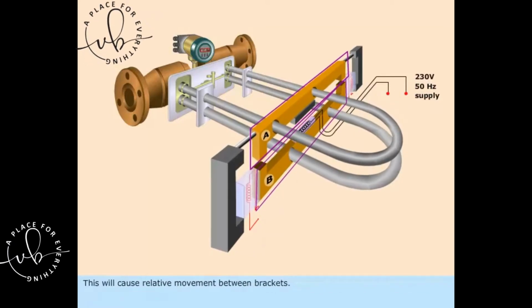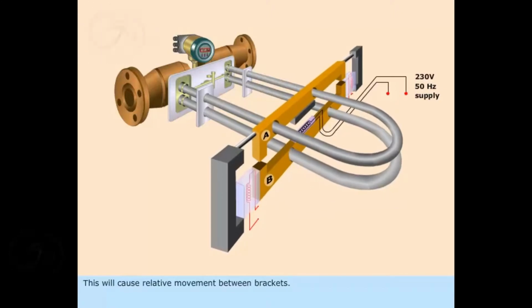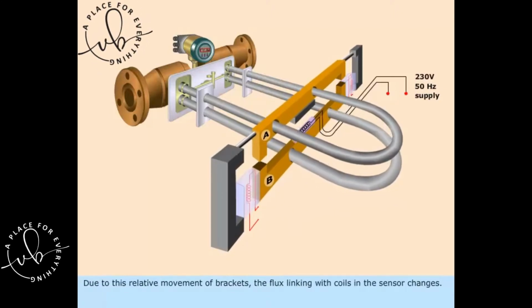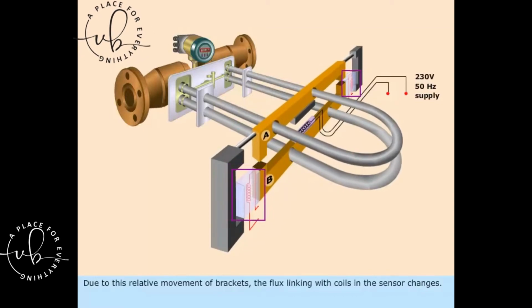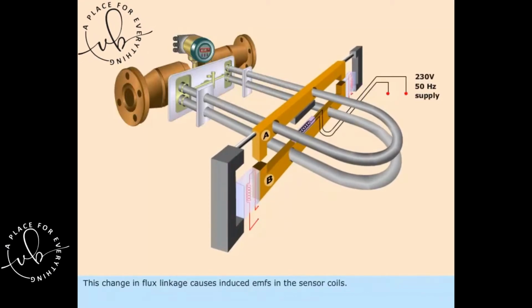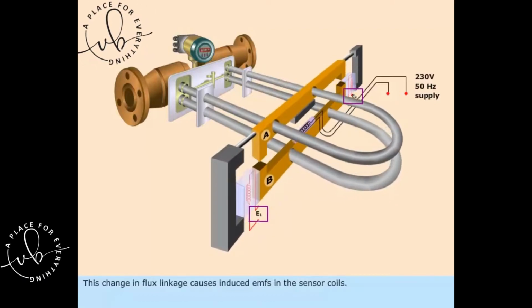This will cause relative movement between the brackets. Due to this relative movement, the flux linking with the coils in the sensor changes. This change in flux linkage causes induced EMFs in the sensor coils.